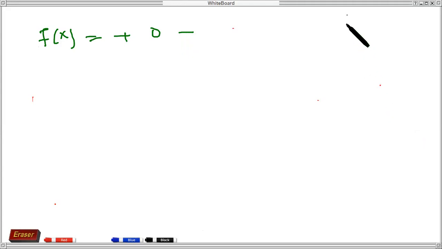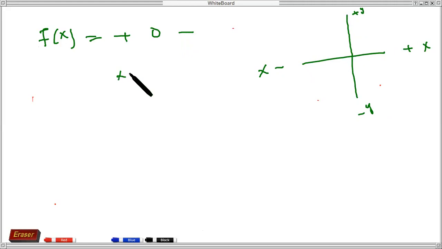Like, for example, we have plus x-axis and minus x-axis, correct? Same plus y-axis and minus y-axis. If we give, for example, x is equal to 2 and y is equal to, let's suppose, 10.